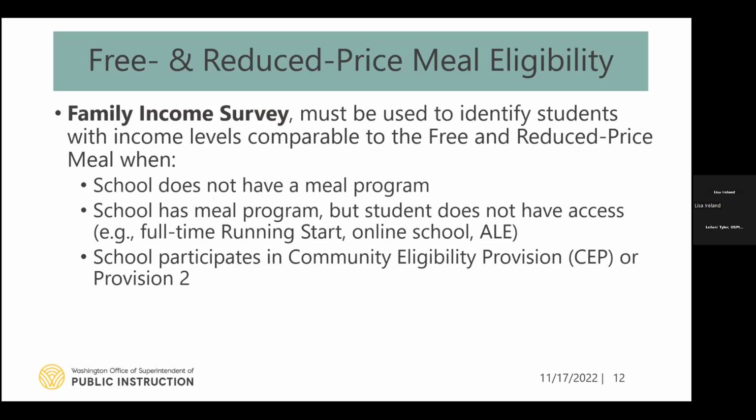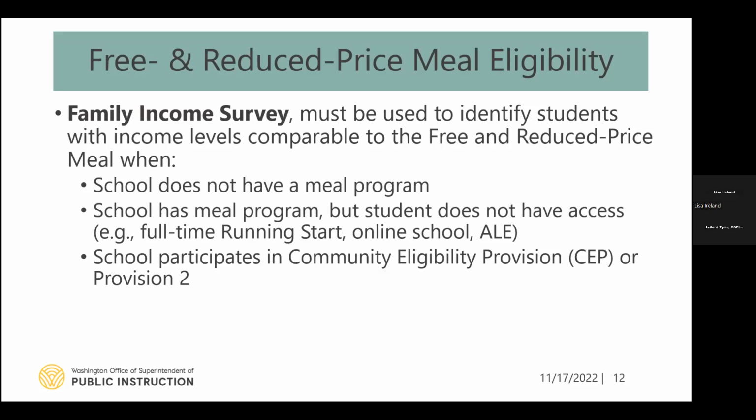Then we'll go to the family income survey. This is the one where we get lots and lots of questions. So we've already talked about the students. You have the district, or someone in your district tasked with working with your child nutrition program, who has access to the direct certified information, categorically eligible information, or meal applications. Again, this applies if the students are present and have access to meals and aren't identified in the first two categories.